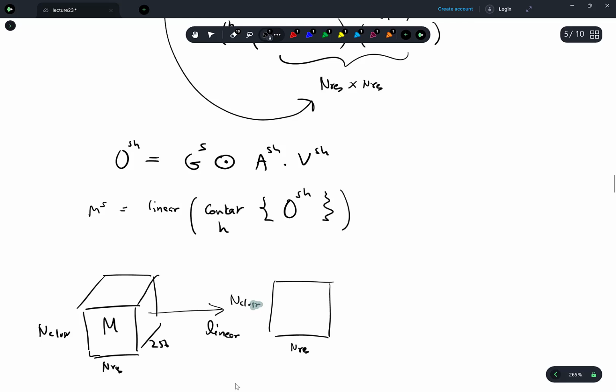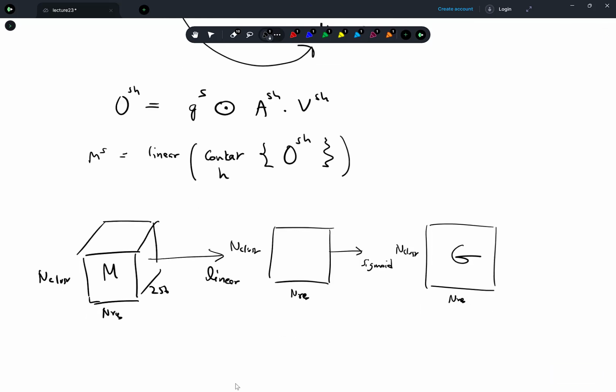And then you basically do sigmoid on this. And so this will give me an nclust by nres matrix G. And what is GS? GS is one row of this matrix. So each row, like this row here, is a GS vector belonging to nres. So GS is a vector.